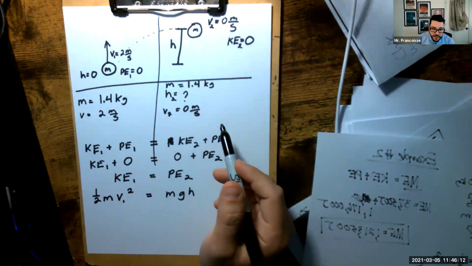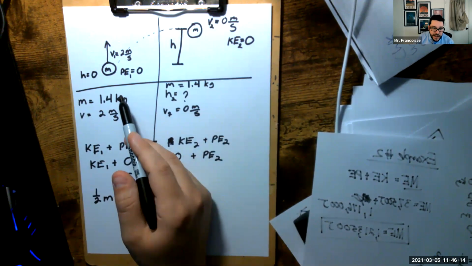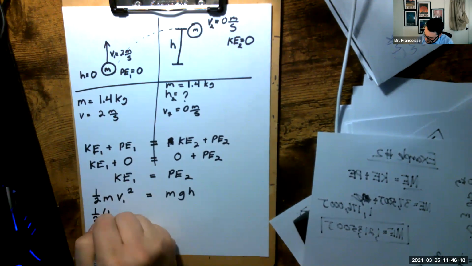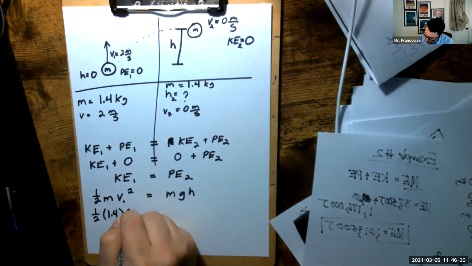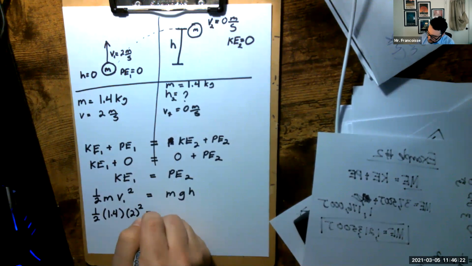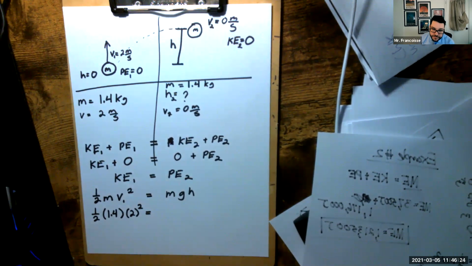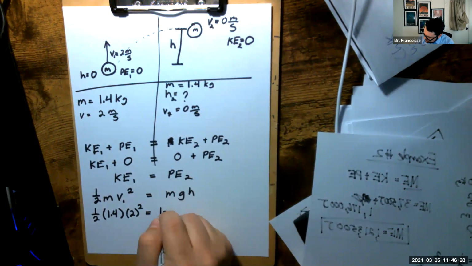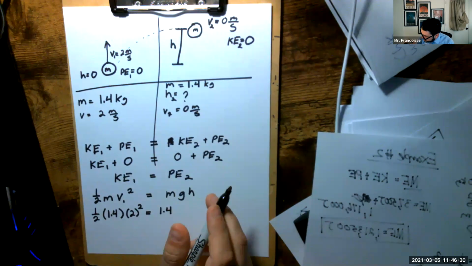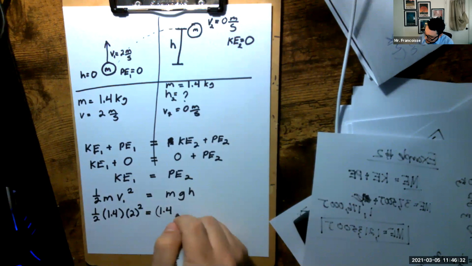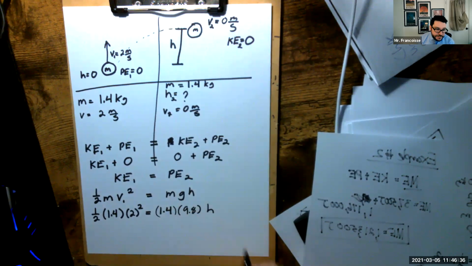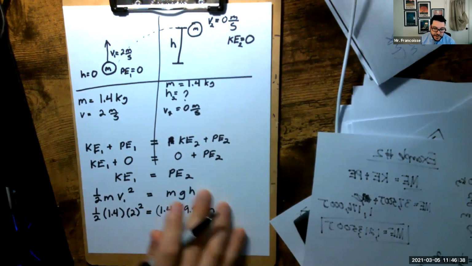So let's fill in what we know. We have our mass, we have our velocity. We have our mass. We have acceleration of gravity, which we know is 9.8 times our height. So from here, we can just solve.